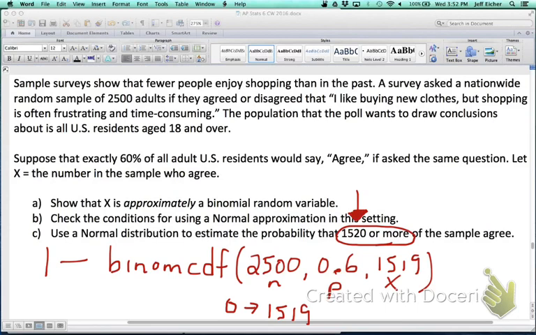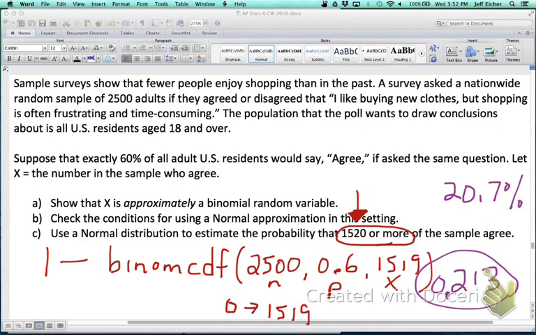We get this answer when we do binom CDF. I believe, if I remember, our original answer was something like that, I forget. But notice, if that was our original answer, we're only about 0.5% off. And rather than doing this binom CDF operation, we used a normal approximation to approximate that.